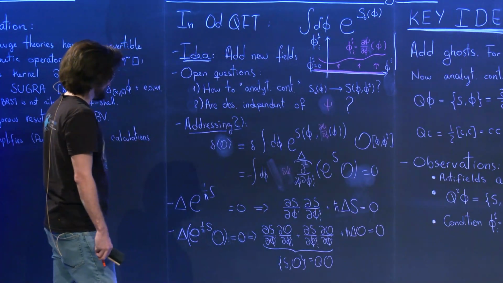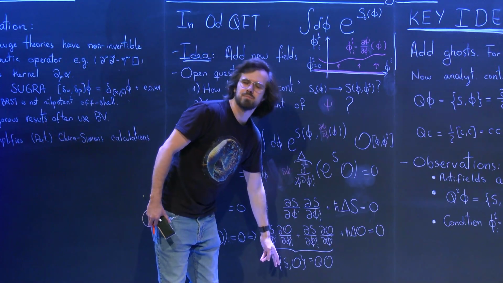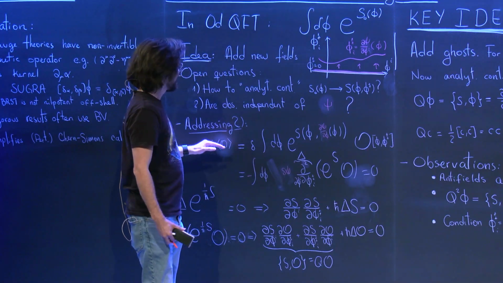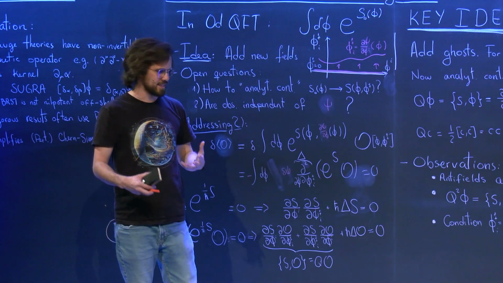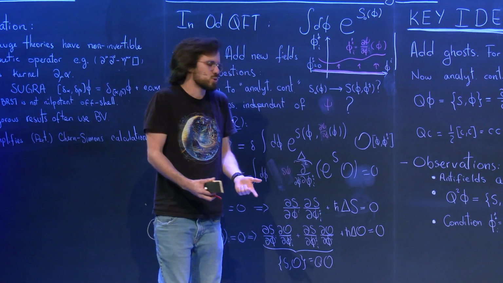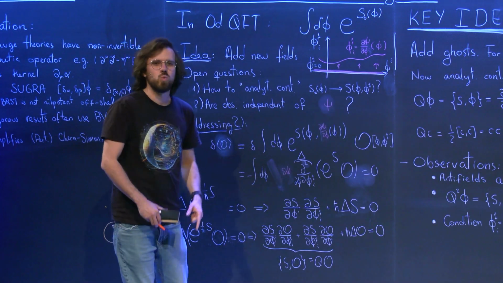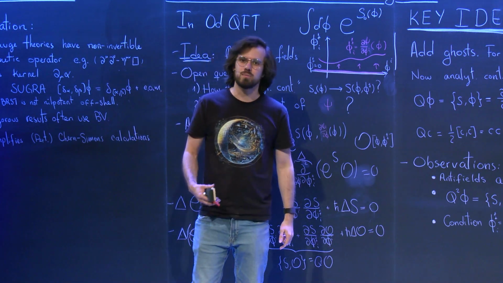Now, one could think, well, maybe this is trying to impose some extra constraint on my S. Maybe I can use this to say the space of S's I can use is somewhat constrained. But it turns out what really happens is that one could stumble upon one of the key ideas in the BV formalism.